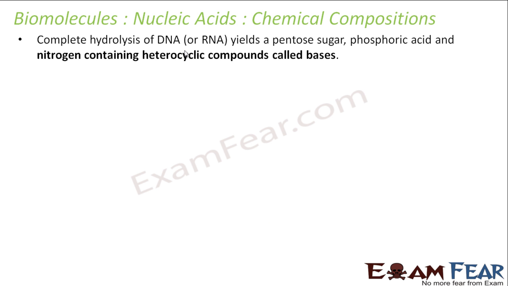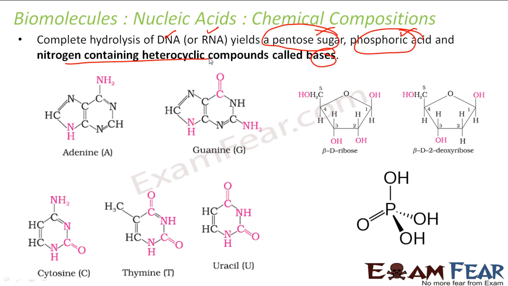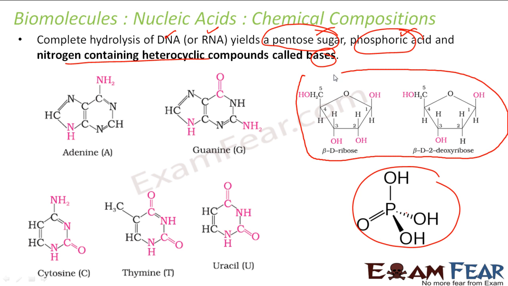So the chemists did the complete chemical hydrolysis of DNA and RNA, and they found that it yields pentose sugar, phosphoric acid, and some nitrogen containing base. They got a phosphoric acid, two different kinds of sugar, and some bases.